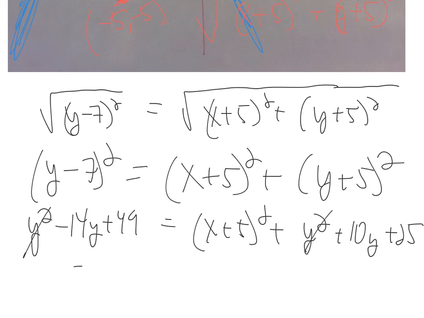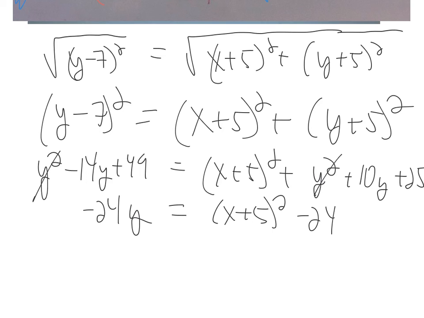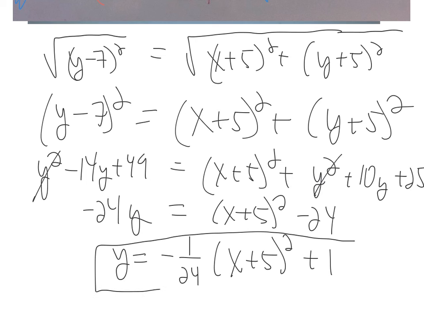That leaves me -24y, and then I move the 49 to the right. That leaves me x plus 5 squared, and 25 minus 49 is -24. If I divide everything by -24, that gives me y equals -1/24 times (x plus 5) squared, and -24 divided by -24 is +1. And that's the equation of that parabola.